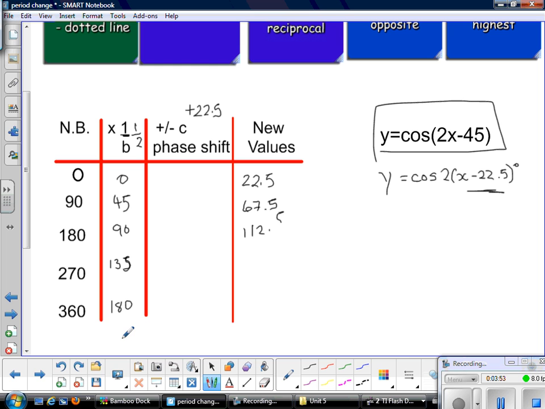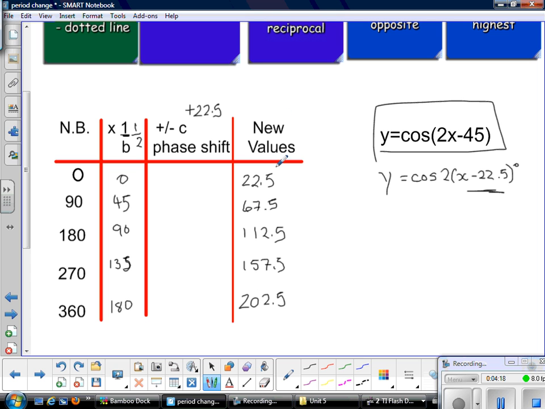Oops, not paying attention to what I'm doing there. 112.5. 135 plus 22.5 will be 157.5. And finally, 180 would be 202.5. Now this would be very difficult for us to graph, right?